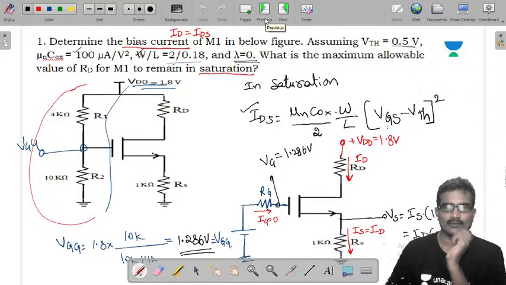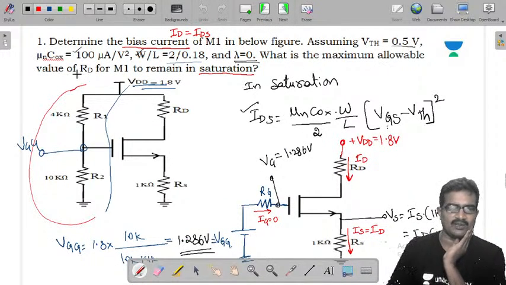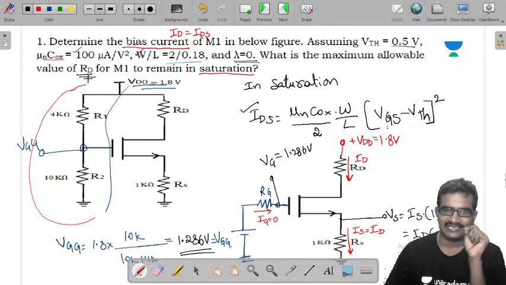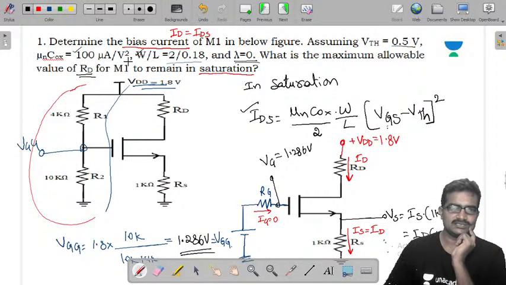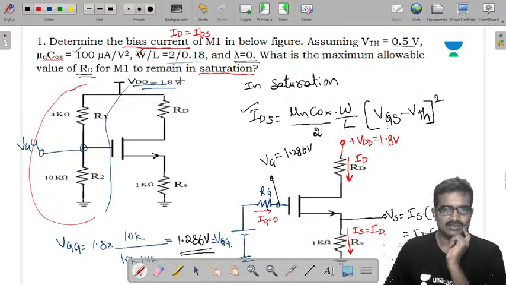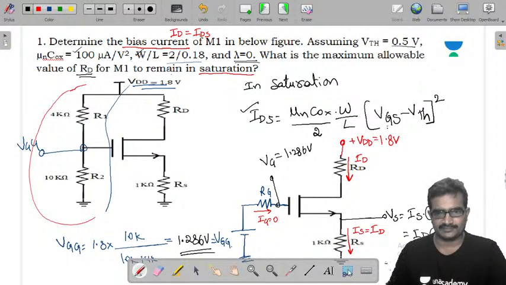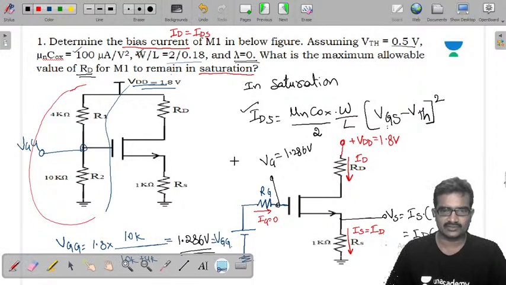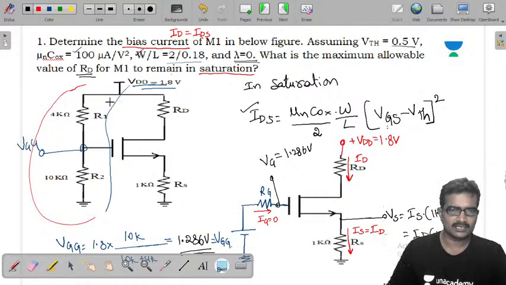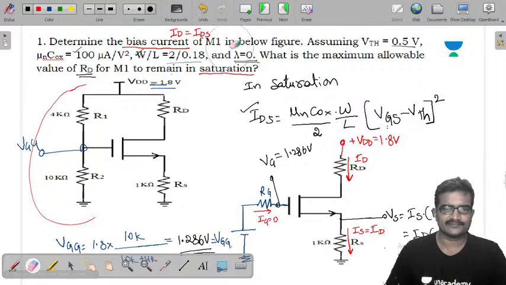After that, what is the maximum allowable value of RD for M1 to remain in saturation? So I am going to copy this part. Sorry, it is 1K.